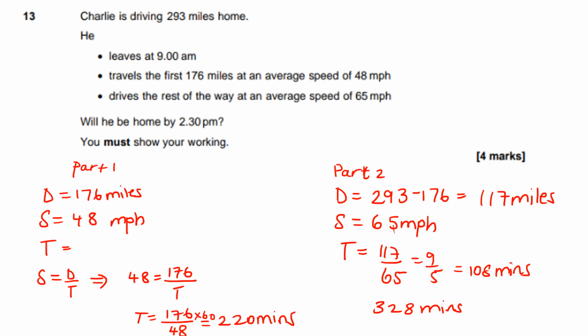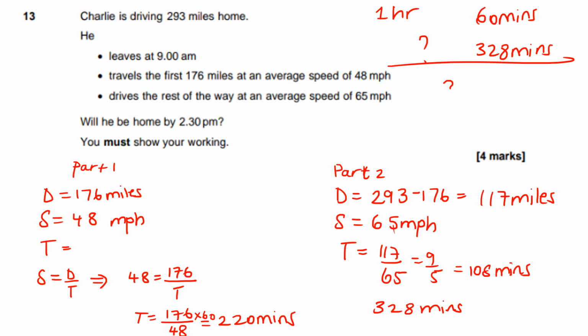So if I do 328 minutes in hours, if 1 hour is 60 minutes, then 328 minutes is going to be what?